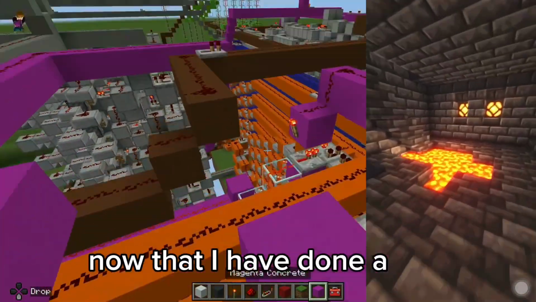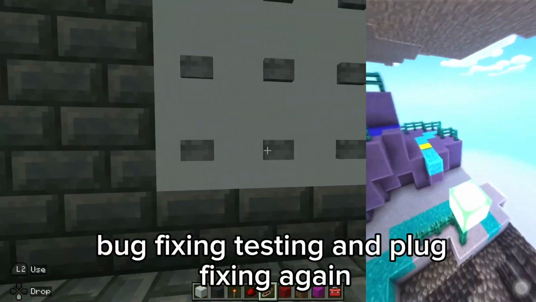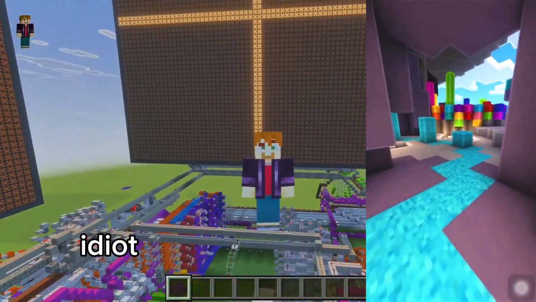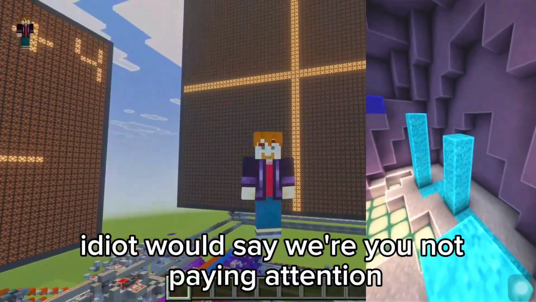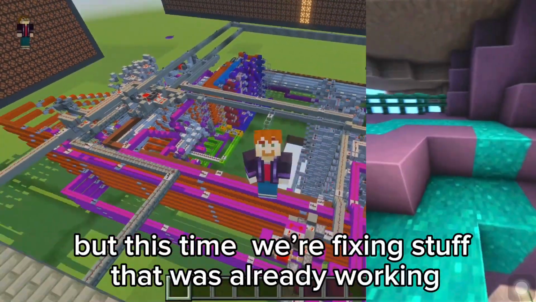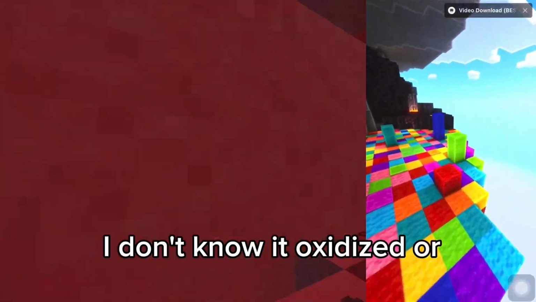Now that I have done a lot of bug fixing, testing, and bug fixing again, it was finally finished. It's what a stupid idiot would say, were you not paying attention? But now it's time for more bug fixing. But this time we're fixing stuff that was already working, because it's not working. I don't know, it oxidized or something.